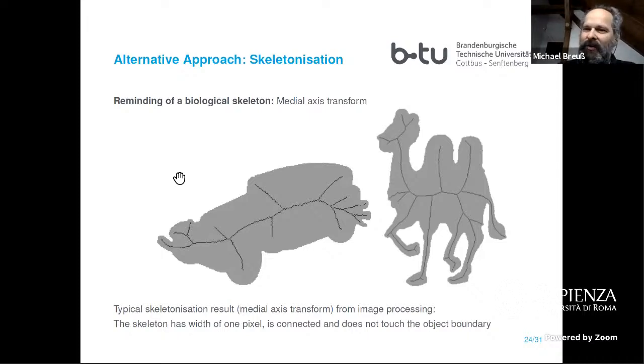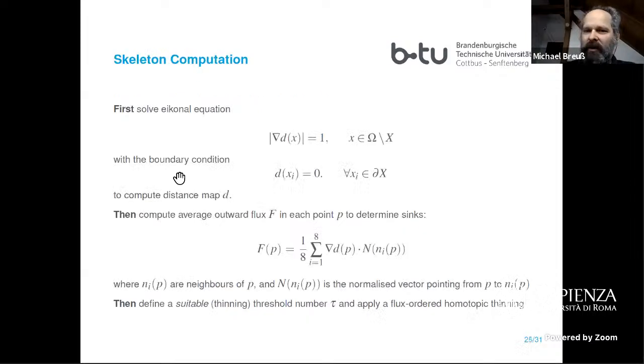So why not try to compute a kind of skeleton for some new structure that needs to be printed? The idea appears to be not unnatural. When you look at typical examples of skeletonization from image processing, you get something like this here. And this is not very reasonable at first for the purpose, but of course you can modify the account.